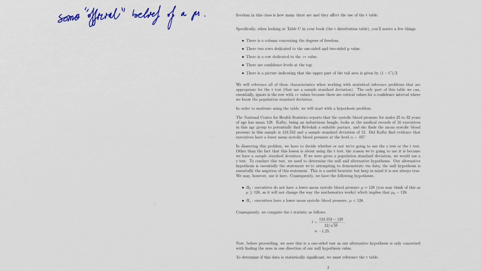And now Calvi, being an industrious beagle, looks at the medical records of 16 executives in this age group to potentially find Rebecca a suitable partner. And she, being Calvi, finds the mean systolic blood pressure in a sample of 16 executives of 124.552. Okay. So we have an x bar, that's 124.552.